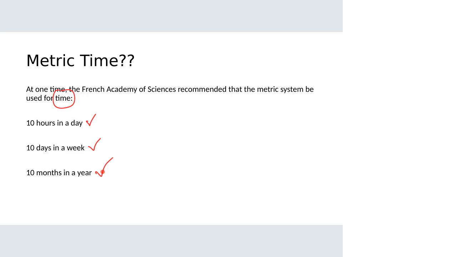While this sounds kind of nice, with 10 hours in a day, an hour would have to be about 2.5 times as long as it is now for that to work. 10 days in a week, I'm not sure exactly how you're going to pull that off other than a week is now 10 times that the sun rises and sets instead of 7. And with 10 months in a year, a month would have to be longer to still accommodate 365 days. So while a lot of people like things about the metric system, time did not get accepted, did not get approved, and did not get put into place.